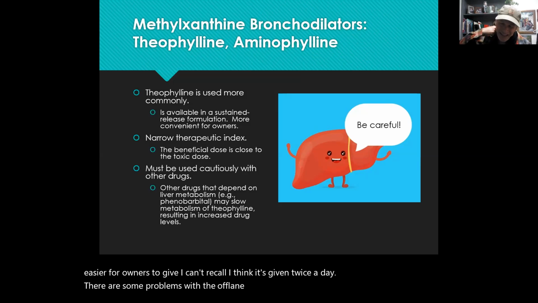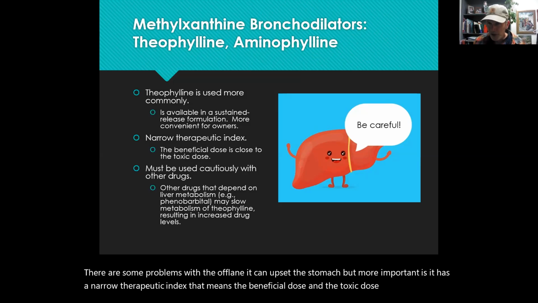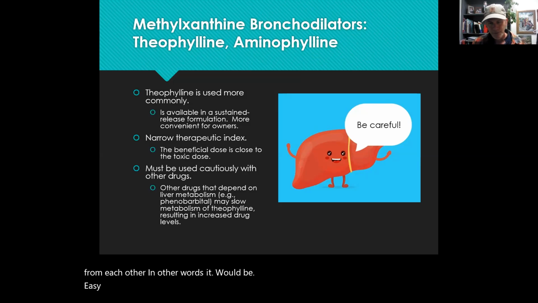It can upset the stomach, but more important is it has a narrow therapeutic index. That means the beneficial dose and the toxic dose are not far from each other. In other words, it would be easy to overdose the patient.